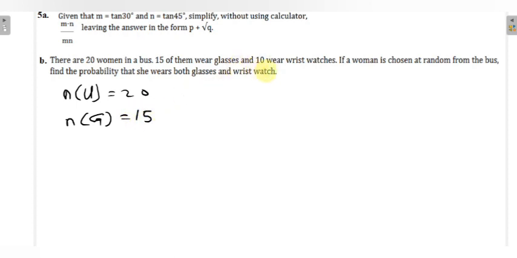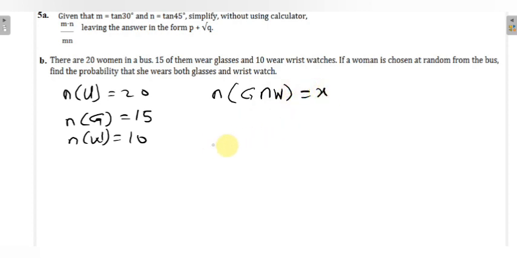And 10 wear wristwatches. So let's use W for wristwatch. That's 10. If a woman is chosen at random from the bus, find the probability that she wears both glasses and wristwatch. So the number of women that wear both glasses and wristwatch, that's G intersection W, is unknown.